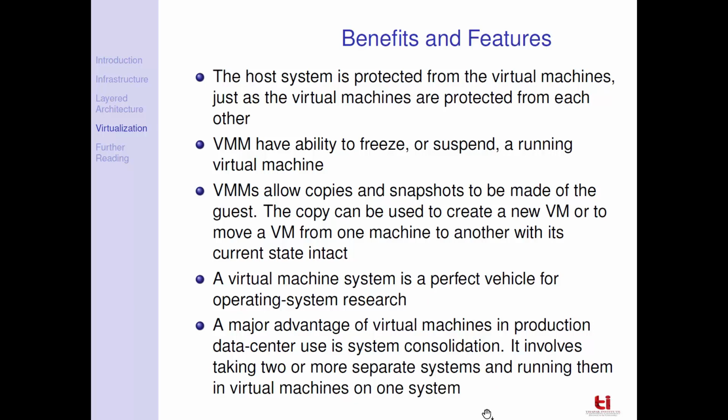Let us say there are many lightly used systems. Such systems can be combined to create one more heavily used system. So this results in resource optimization. Basically, it's a physical to virtual conversion, and such physical to virtual conversion results in resource optimization.